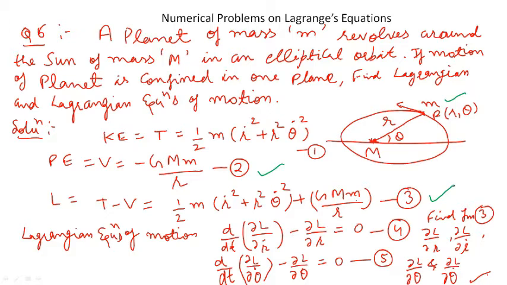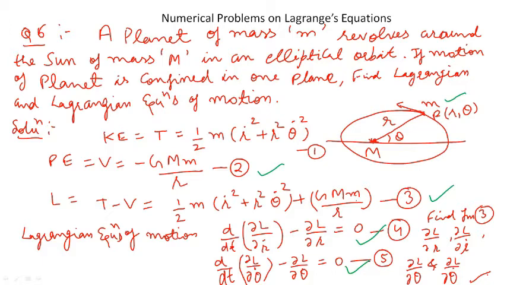Now we have to find Lagrangian equations of motion. Because here the plane polar coordinates are r and theta, our Lagrangian equations of motion will be in terms of r and theta, as these are the generalized coordinates. So our equations of motion will be d over dt del L over del r dot minus del L over del r equal to 0, equation number 4, and d over dt del L over del theta dot minus del L over del theta equal to 0, equation number 5.